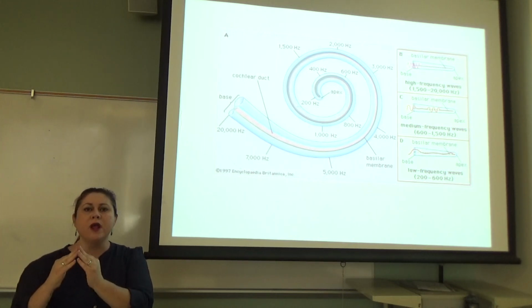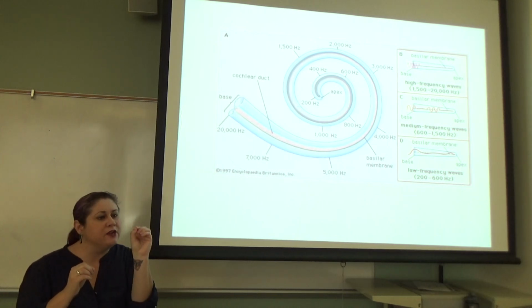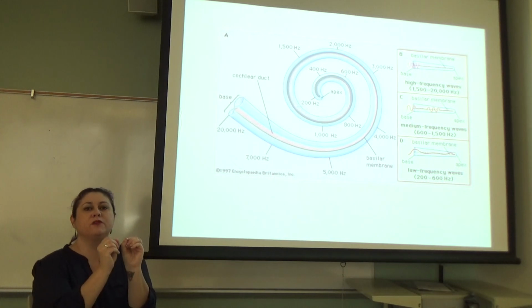Anatomical coding is about what part of your anatomy is being stimulated. Is it this very specific part of the basilar membrane, or is it this other very specific part that's being affected? Okay, so that's anatomical coding.